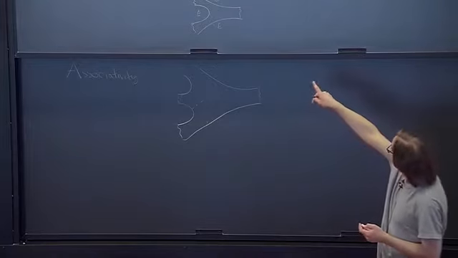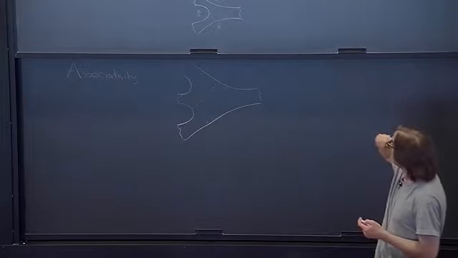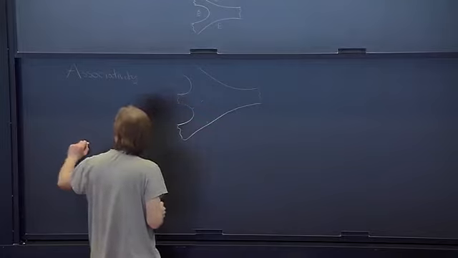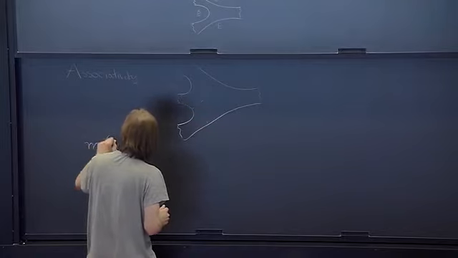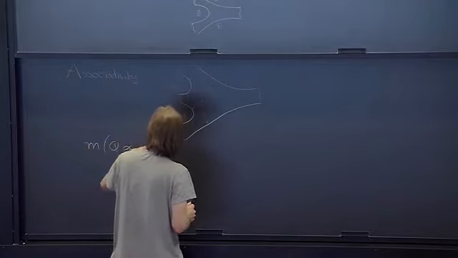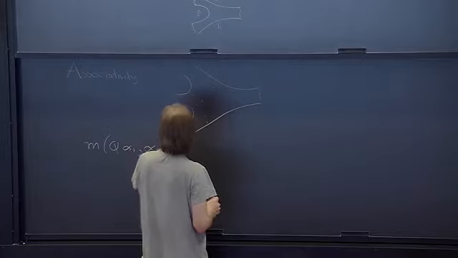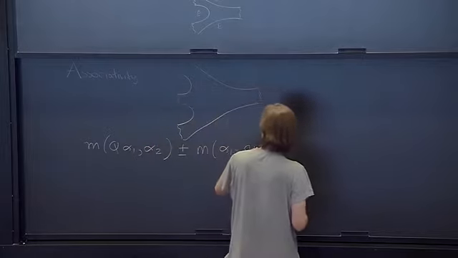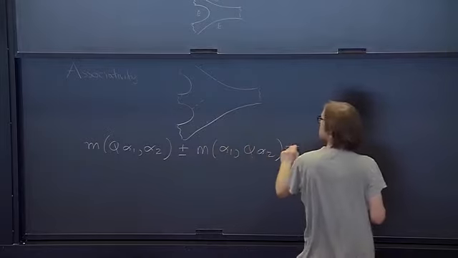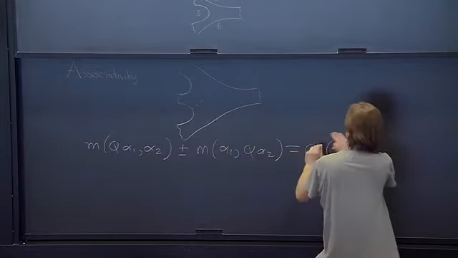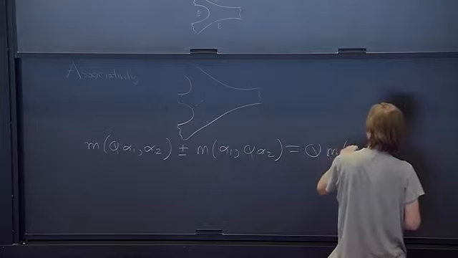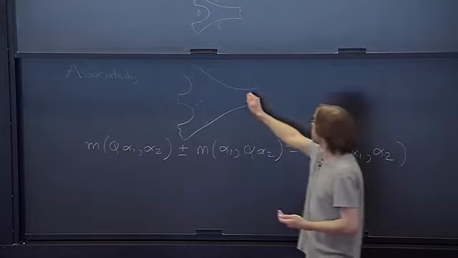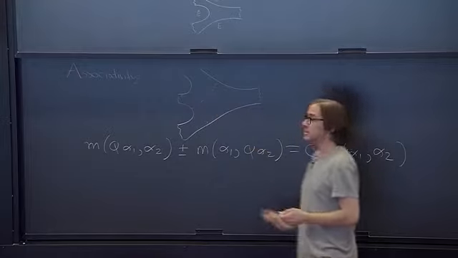And this should also play nicely with the BRST differential. So Q of alpha 1 alpha 2 equals, plus or minus, terms about how the BRST operator acts on each piece.